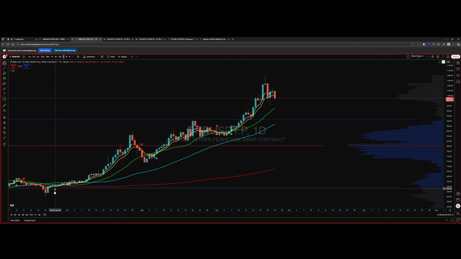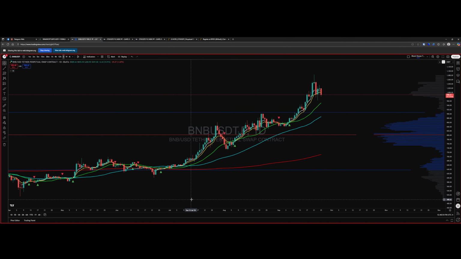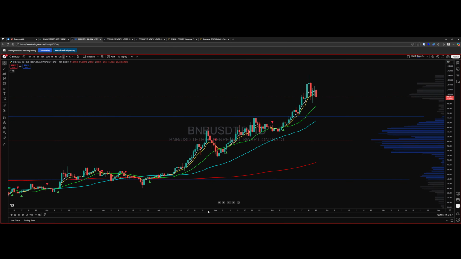I don't think you're complaining if you bought at $600 or $620. And then all this momentum fans out all of your averages. Why is that important? Because in the midst of a parabolic move higher, the market's evil twin is preparing a retracement.